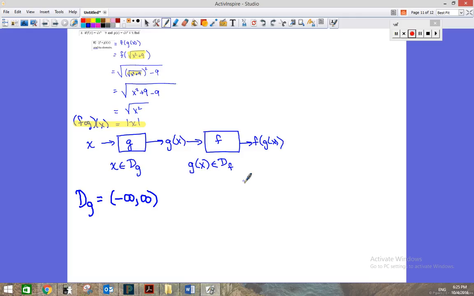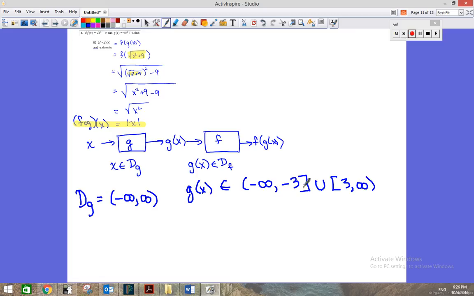This domain of f was negative infinity to negative 3 union 3 to positive infinity. So how in the world are we going to guarantee that g of x be a number either in this interval or in the other interval? Well, we're going to break it into two parts.